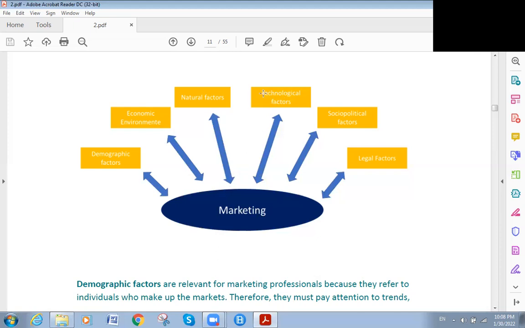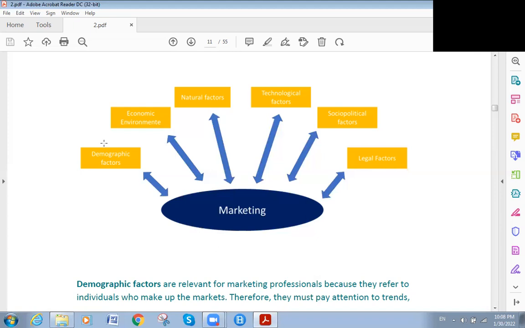Also, technological factors will affect the marketing itself from many perspectives. The natural factors are also there to affect your marketing targets and your marketing strategies, as well as the economic environment, and the demographic. The demographic is like strata, where you divide people based on their characteristics, for example gender and age.